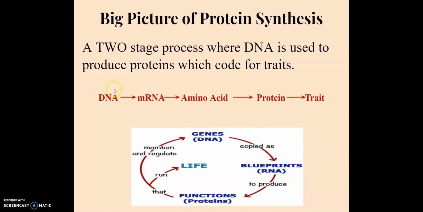That code is going to have to be first transcribed into mRNA so that we can get that code from the nucleus to take it to the ribosome. That code is then used to attach a specific sequence of amino acids together. Once they're together, they can fold into a protein. And once those proteins are created, then you're going to have enough of those brown proteins to show off the trait of having brown eyes.